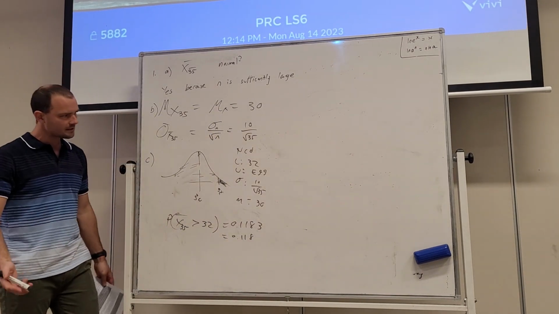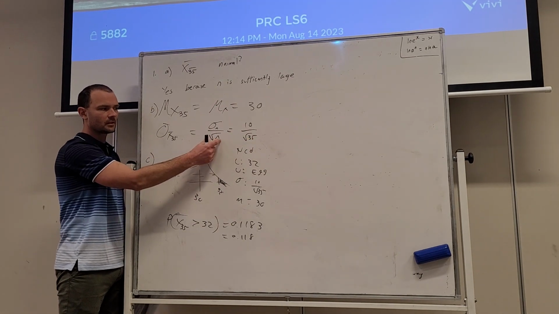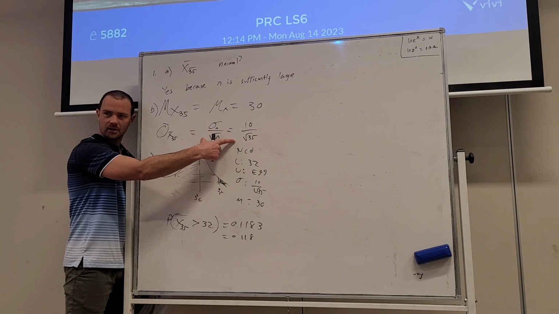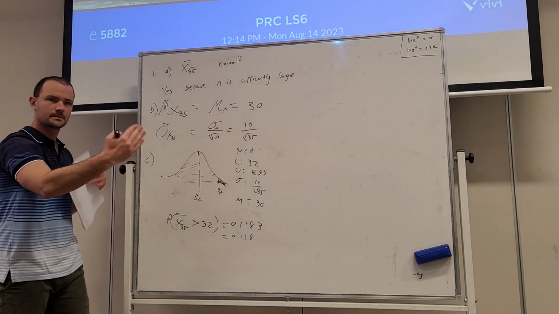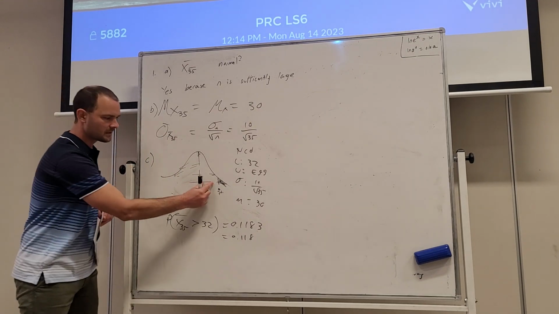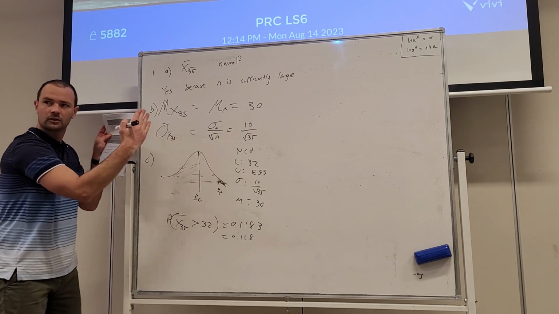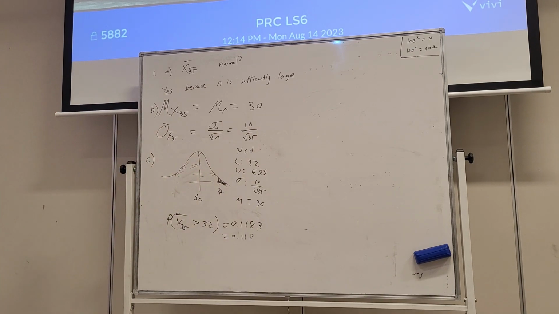And of course that's going to be true because as our number of observations increases, this n value is getting larger and larger, which means we're dividing by a larger amount, so our standard deviation is getting smaller and smaller. So if the standard deviation is getting smaller, the results are closing in around the mean. They're getting closer and closer to the mean. Okay, good. So that's part C.